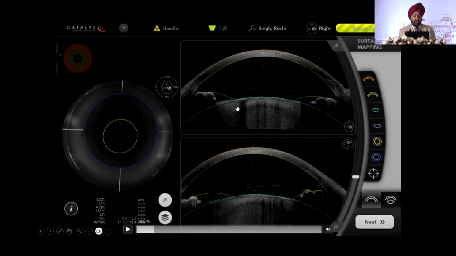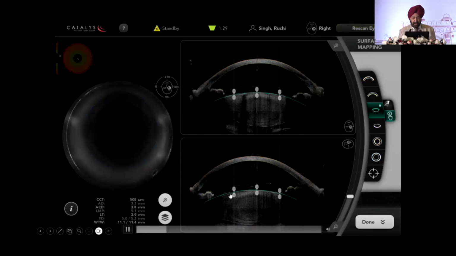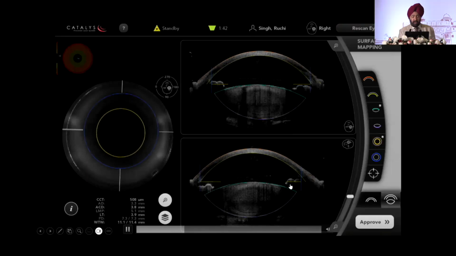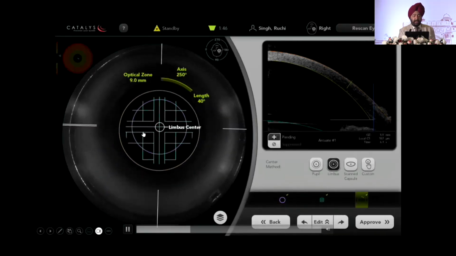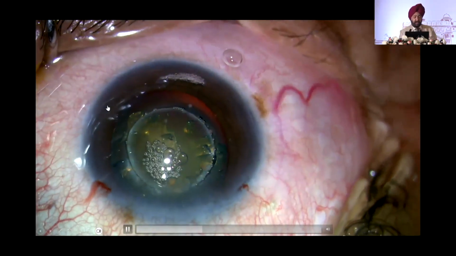You can see this is the vault, and this is the anterior capsule, which has to be cut. So the only important thing is to increase the energy, and you can see we are bringing the whole thing into the proper perspective as regards the anterior capsule, increasing the pupil to the size, and we have got a fantastic capsulorhexis.